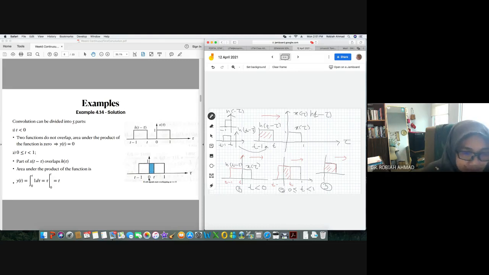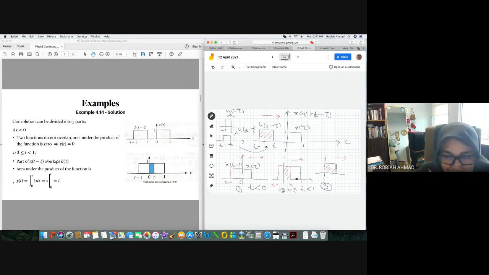Okay, so now since there is overlapping, so we have to find the area under the curve lah, because integral adalah area under the curve. So area under the product of this function is the limit. Bila buat convolution, dia punya trick dia adalah pada limit dia tu. So kalau kita lihat di sini, dia start at T sehingga 0.